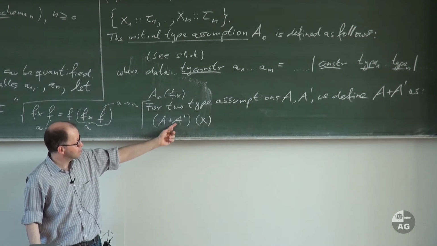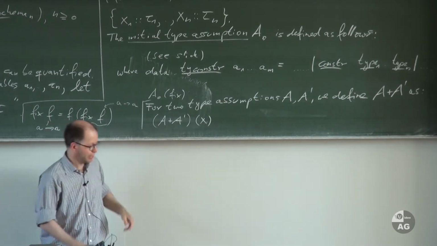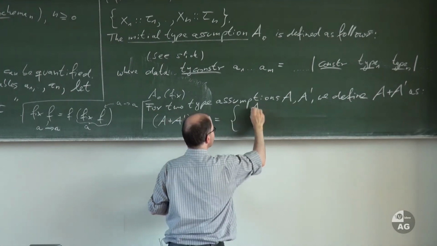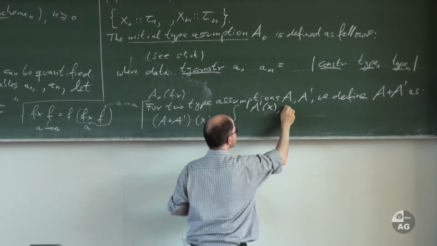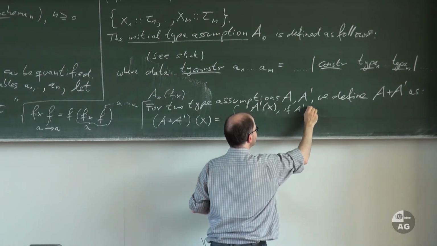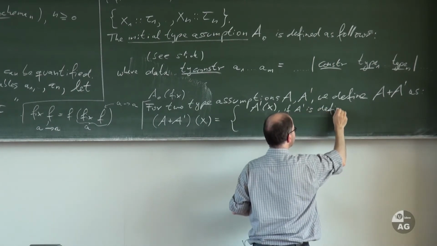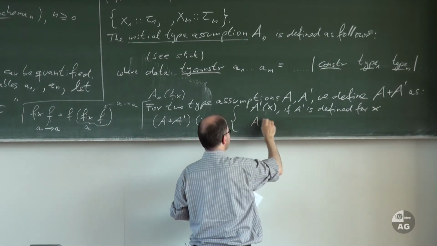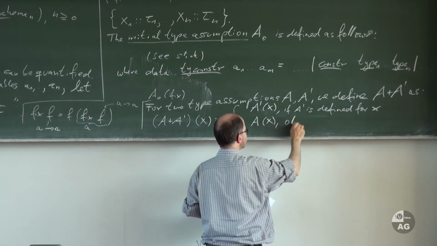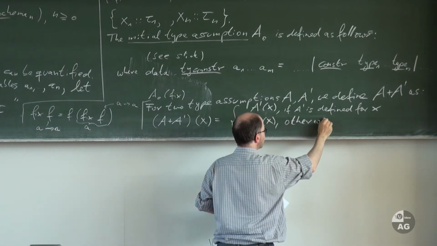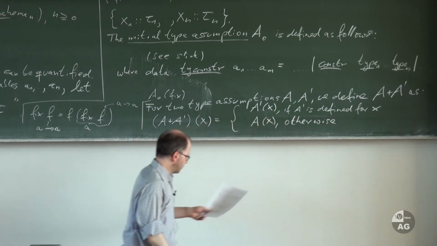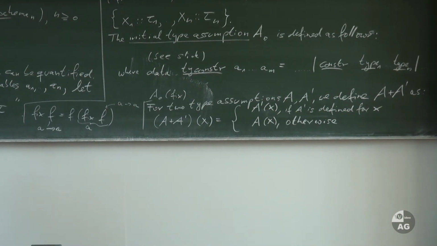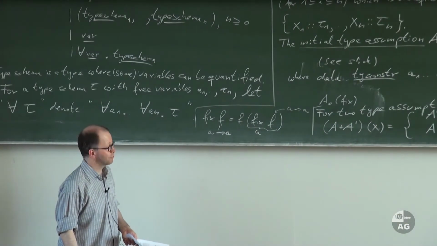And only if A prime is not defined, then we look into type assumption A. So this is A prime of X if A prime is defined for X, and otherwise we take A of X. So this will be needed to extend type assumptions and to override certain parts of type assumptions.